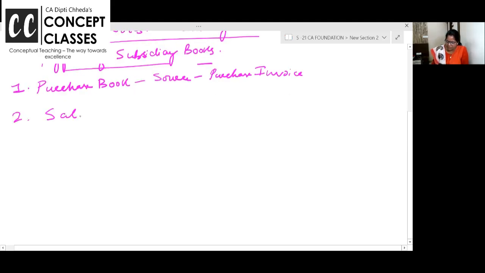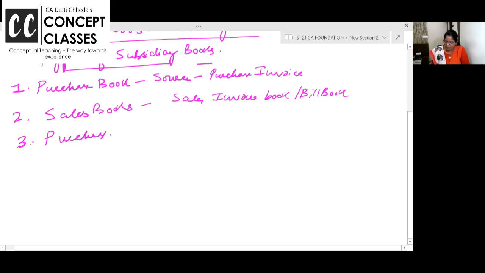What's the next type of subsidiary book? Sales book. Sales invoice book. You know, we have sales invoice book, and commonly it is also called as bill book. Purchase return book. Whatever purchases is coming back, return. Ma'am, can we record the purchase return just directly in the purchase book?